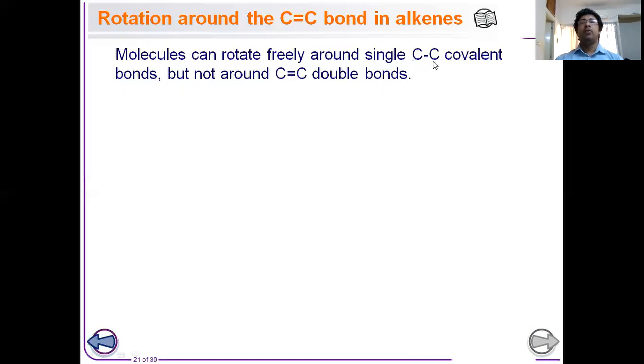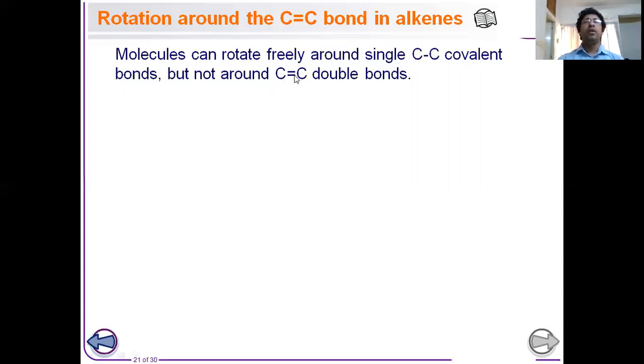If there is a carbon-carbon single bond present, then we have to consider that single bond as a stick, like there are two bearings present at the two terminals of this stick, so that both the carbons can rotate.